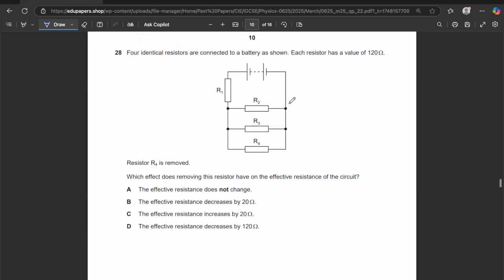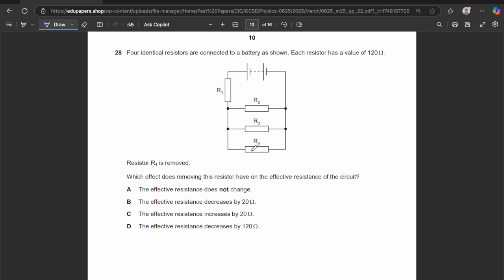28. Four identical resistors are connected to a battery as shown. Each resistor has a value of 120 ohms. Resistor 4 is removed. Which effect does removing the resistor have on the effective resistance of the circuit? Well, the effective resistance is just the total resistance, right?